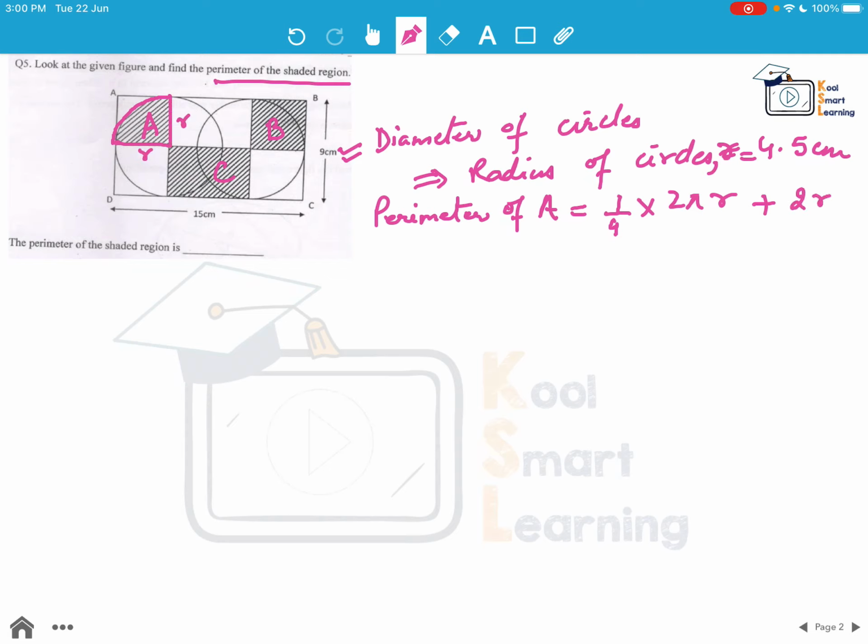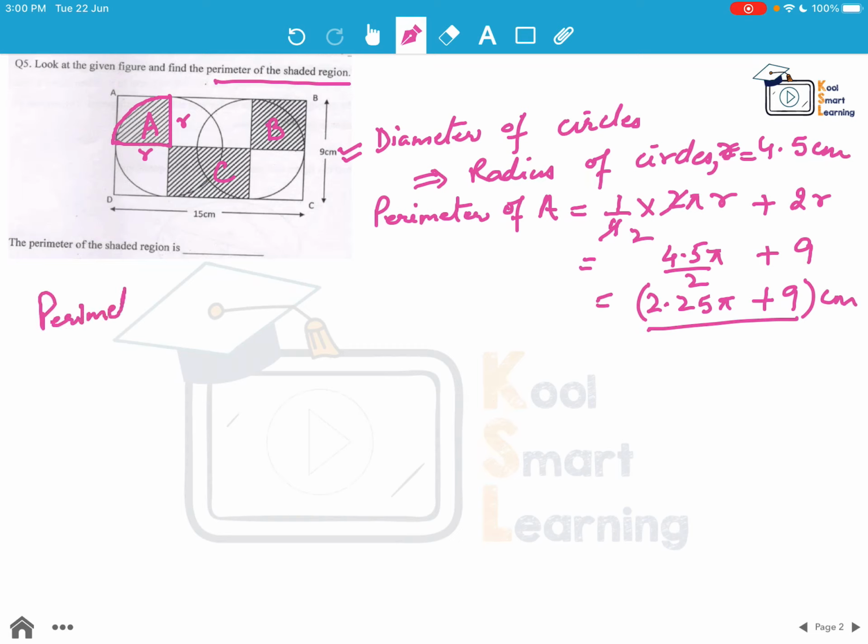So we can say plus 2r. Right? So let's replace r with 4.5. This becomes 4.5 pi by 2 plus 2 into 4.5, which is 9. So this is 2.25 pi plus 9. This is the perimeter of A.